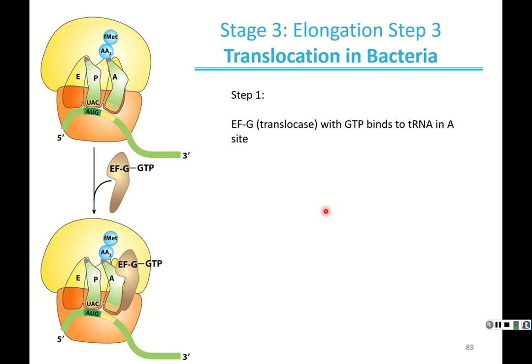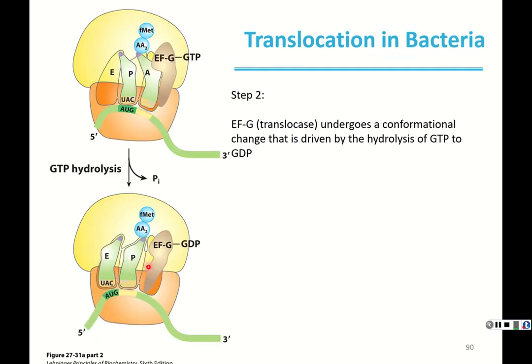So EFG comes in, it has that GTP bound, it comes in to the A site, it hydrolyzes its GTP, which then provides a little bump to the ribosome to move down, which pushes that tRNA that was in the A site with the amino acid chain into the P site.